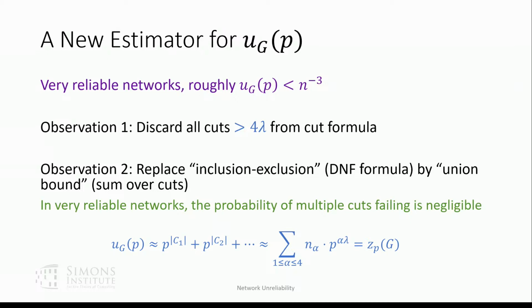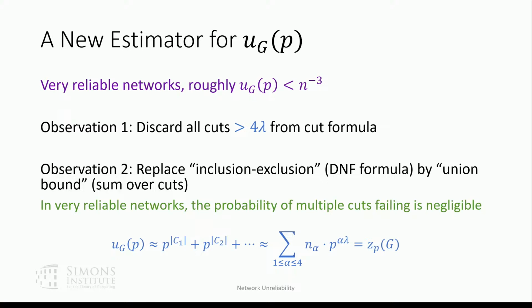Now, instead of writing this complicated inclusion-exclusion based DNF formula, what I can simply do is take all my cuts. For every cut, let's say cut C1, of whatever its size is, I write a term that's p raised to that size, and then sum up over all the cuts. Moreover, as I said, I can discard all cuts larger than 4 times the min cut. So in this sum, I get rid of most of the terms.